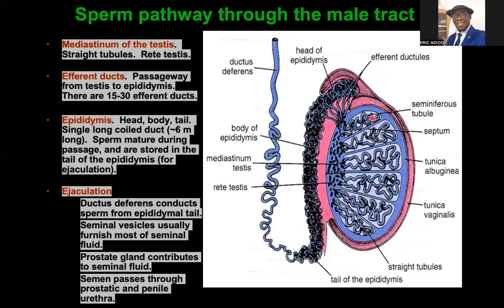So when we take a vertical section through the testis and some of the tubules, this is what you find. You have this whole section containing most of the seminiferous tubules.